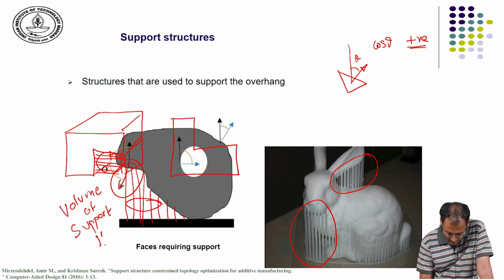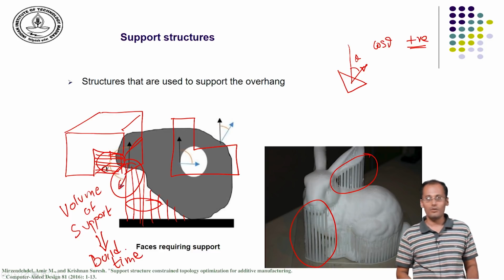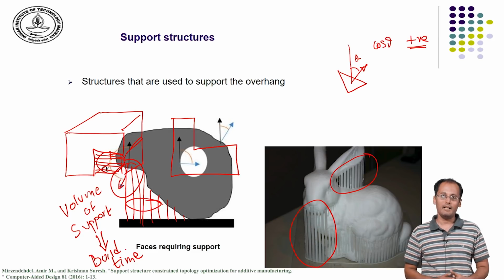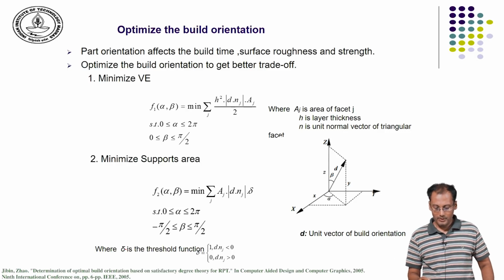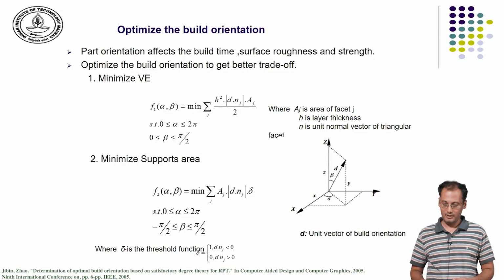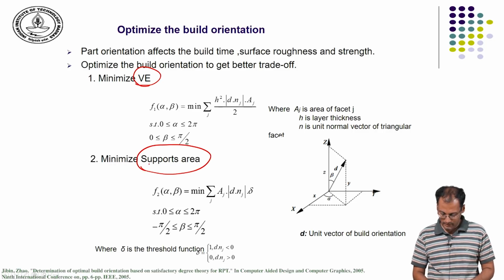and thereby estimate the build time. Irrespective of whatever orientation that I choose, the total model volume remains unaltered. So, the build time is typically a function of the support volume, which in turn depends upon the orientation. Several optimization models can be proposed based on estimating the volumetric error or estimating the support volume and thereby the build time.